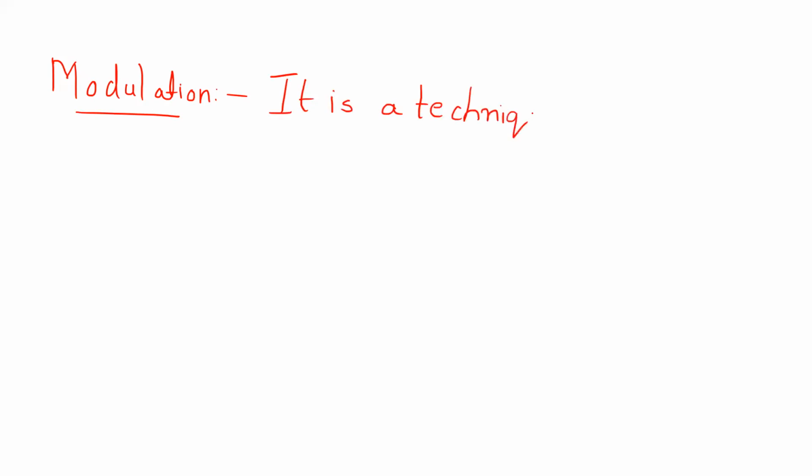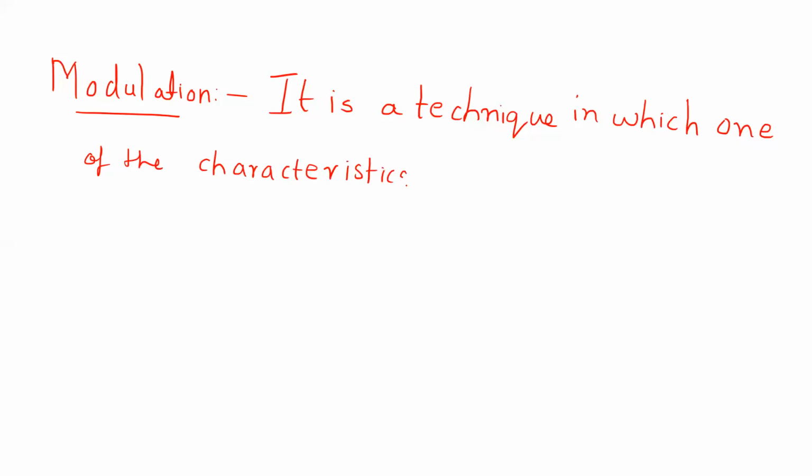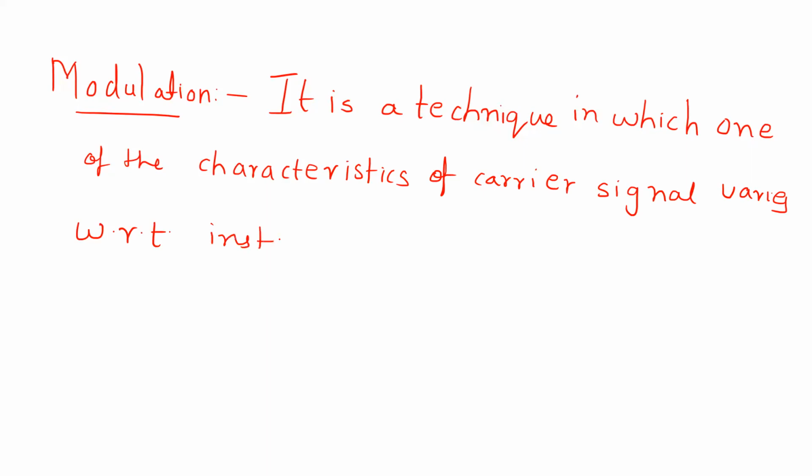Modulation is a technique in which one of the characteristics of the carrier signal varies with respect to the instantaneous changes in the message.